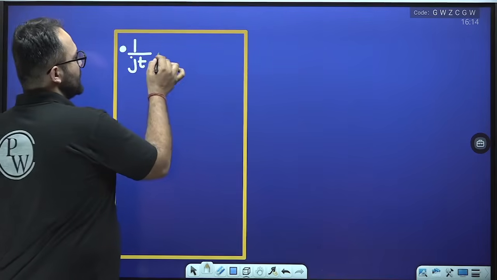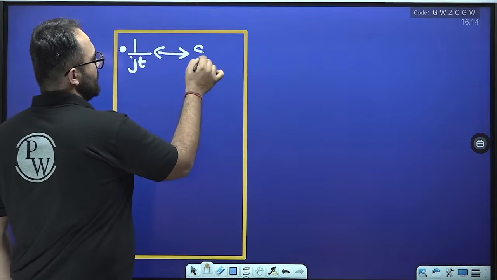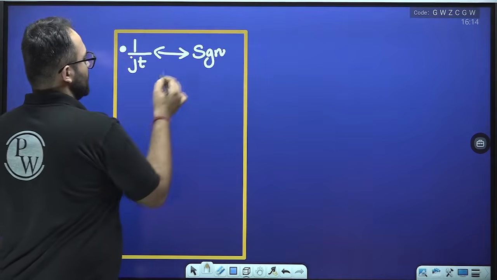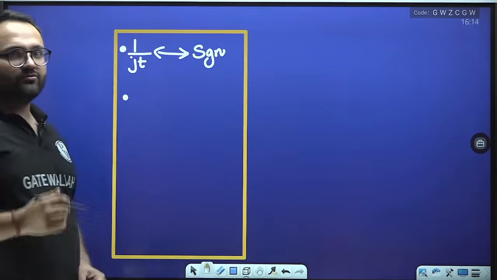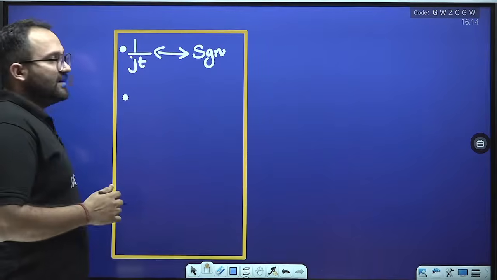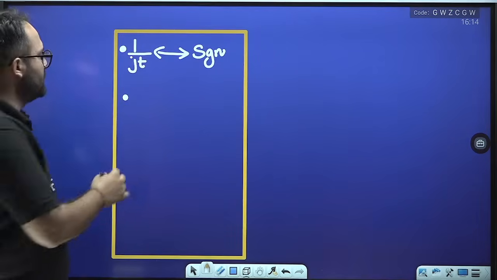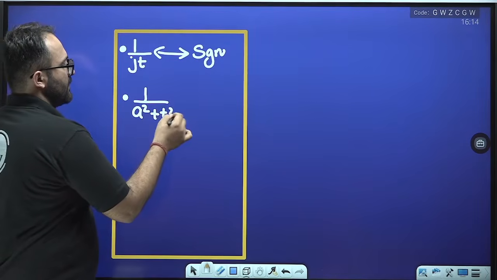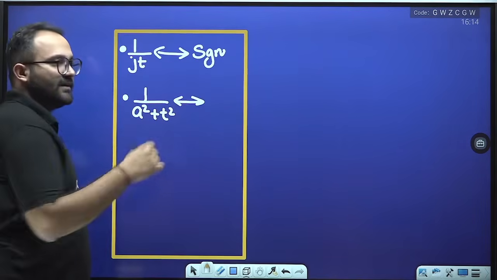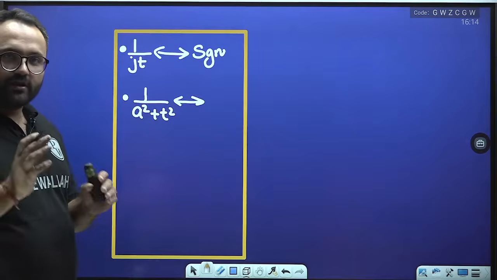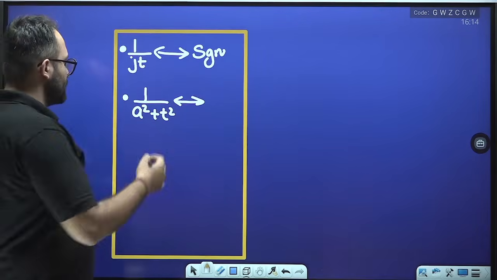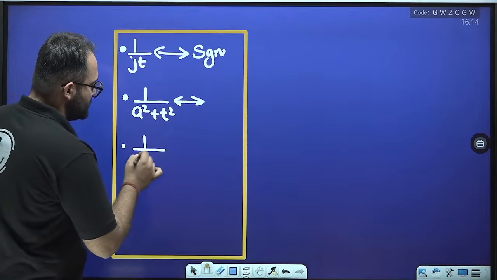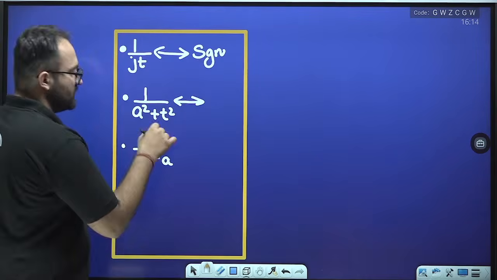Okay, so this is related with Signum. I'm just writing the format. You just have to remember that it is coming from duality. 1 upon a square plus t square, so again this has duality, e to power minus mod a t, something like that. This has duality, 1 upon jt minus a, this also has duality.